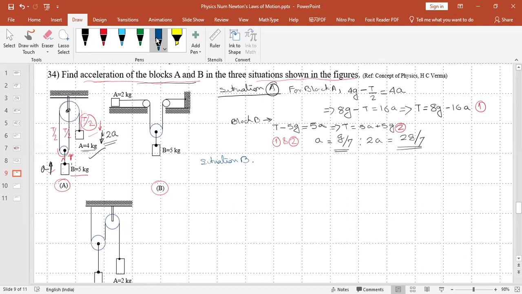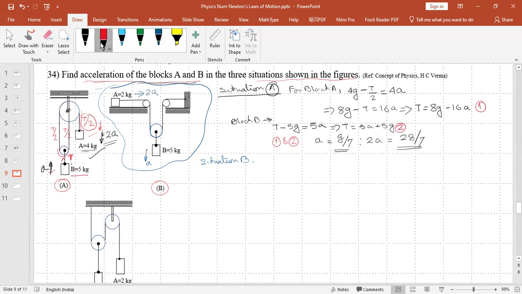Situation B. In situation B, let us consider the acceleration of this block to be A. Once again, since the rope goes around this pulley and one end is fixed, the acceleration of this block will be 2A.